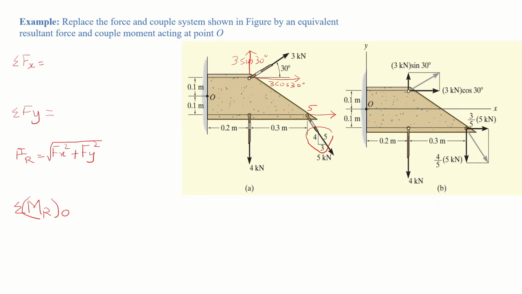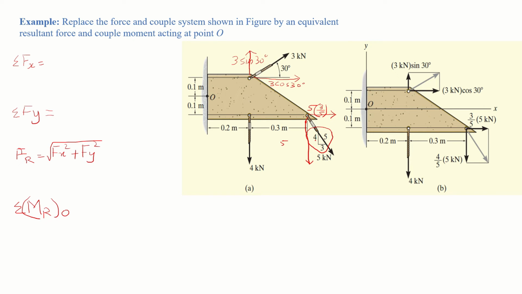We know cos theta is equal to base over hypotenuse, so cos theta is equal to 3 by 5. The second component is the y component, which is 5 sin theta.